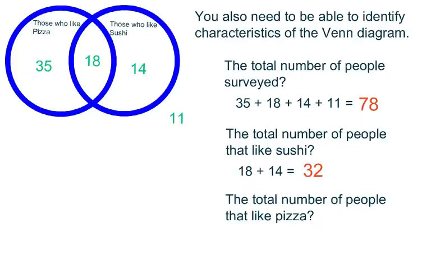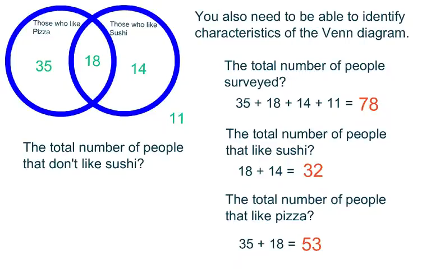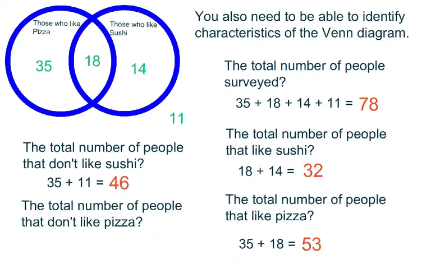The total number of people that like pizza, that's everybody in the pizza circle. 35 plus 18 is 53. The total number of people that don't like sushi, that's everybody outside of the sushi circle. That's 35 plus 11 is 46. And the total number of people that don't like pizza, again, everybody outside of the pizza circle, 14 plus 11 is 25 people.